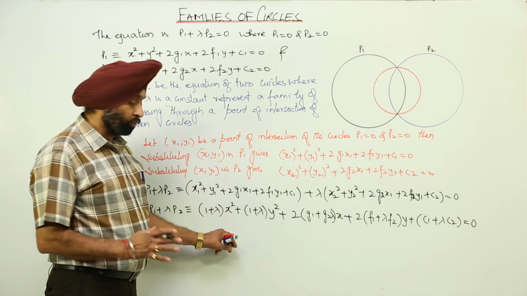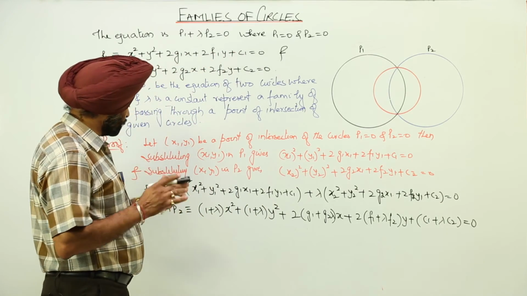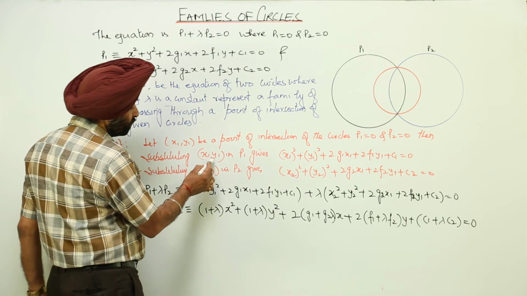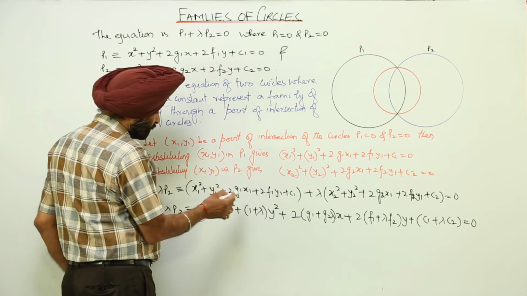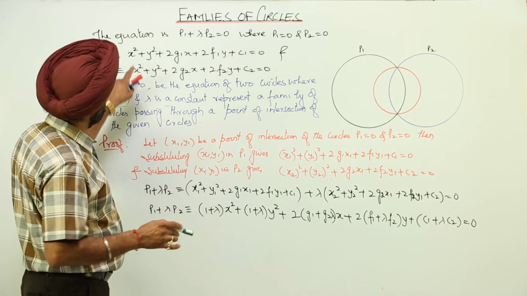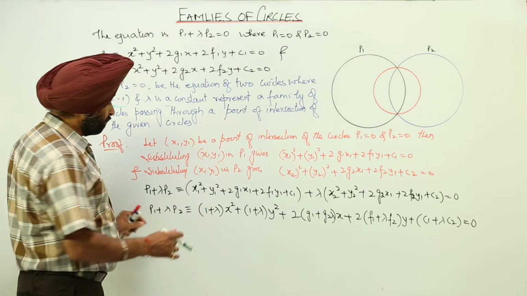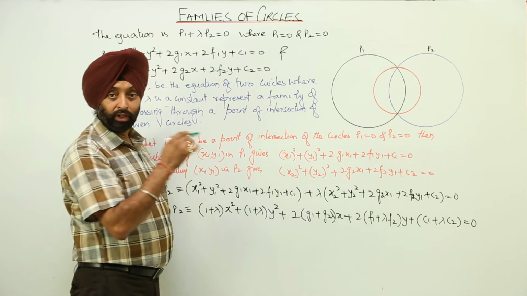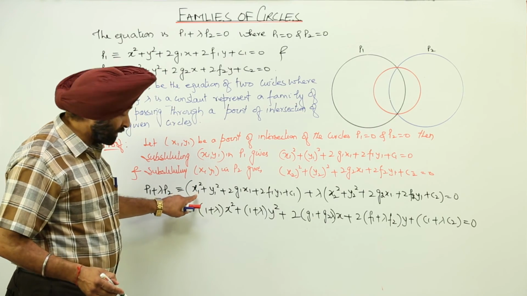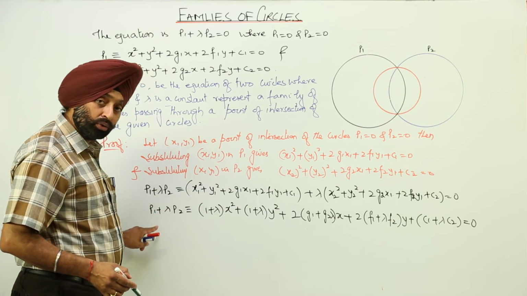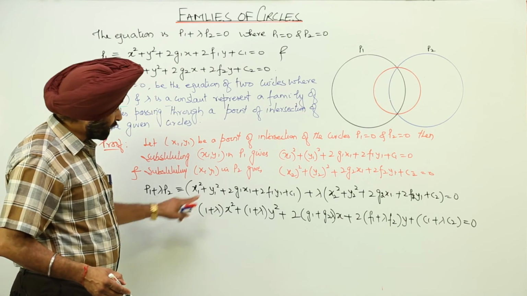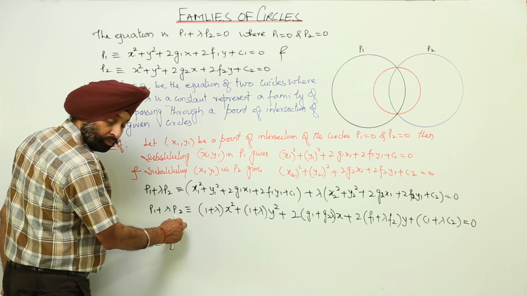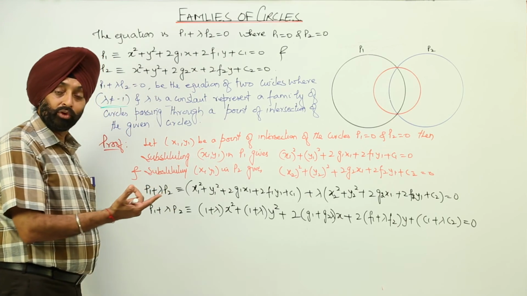Now what happened to our equation? The major thing to understand is, if we are substituting x1 and y1 in P1, in place of x and y, then this part will be equal to 0. Similarly, if we are putting x1 and y1 in equation 2, that is for P2, then again that will also be equal to 0. So the basic thing is this is equal to 0, this is equal to 0, and the summation of both again will be equal to 0.